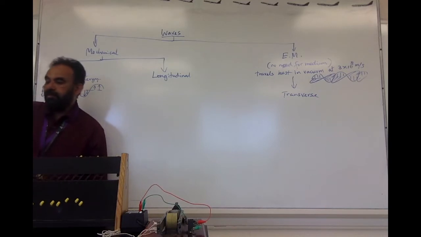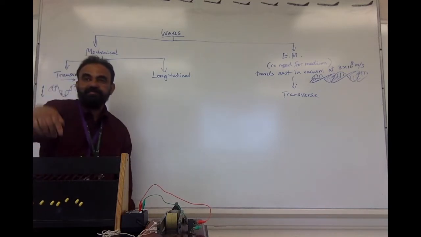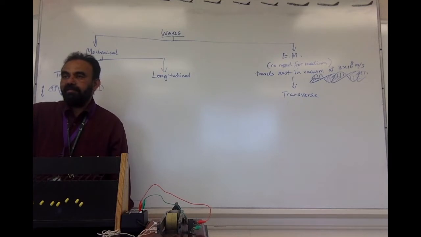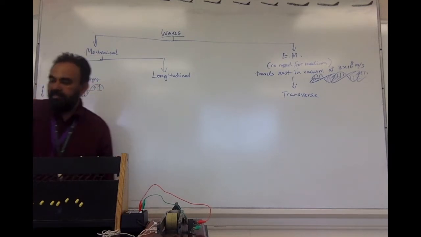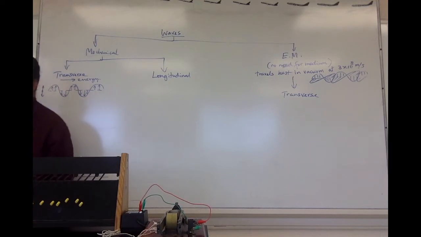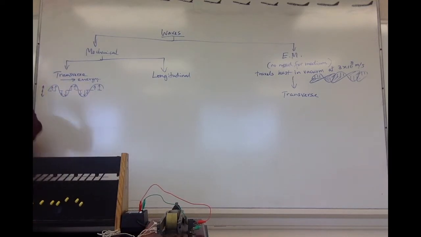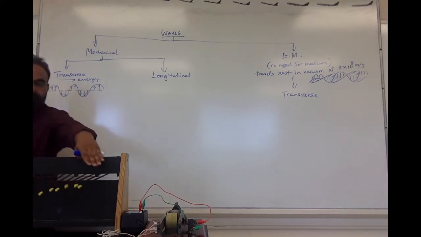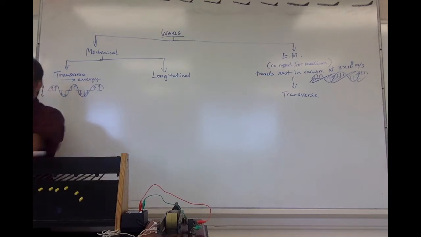Yeah, so imagine these yellow dots are the particles of the rope. Okay? So if I'm going to hold this side and then go up and down, simple harmonic motion, you can see what happens to the wave itself, energy itself. See? So energy is going forward.